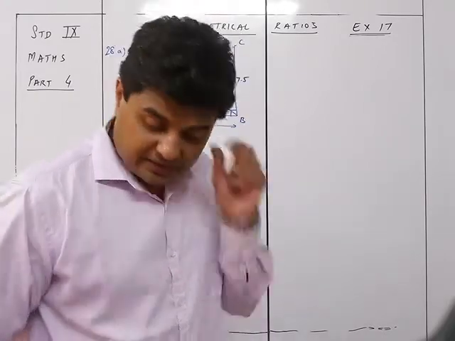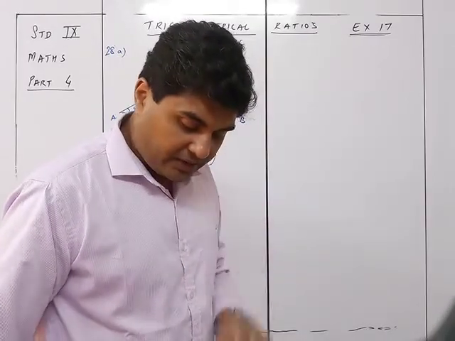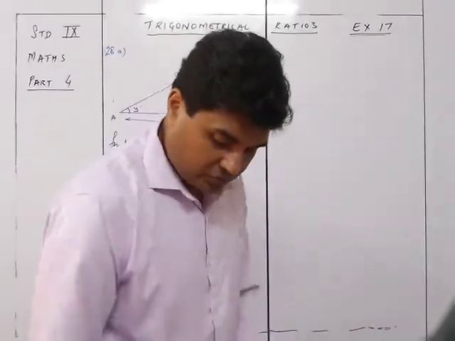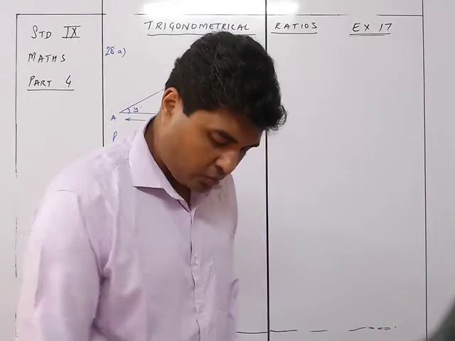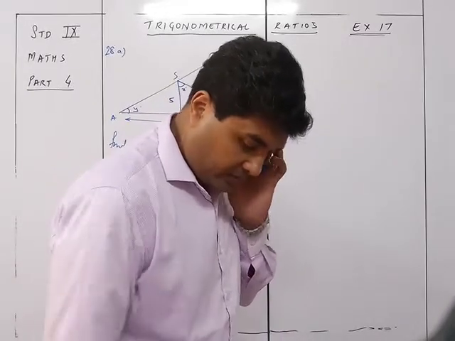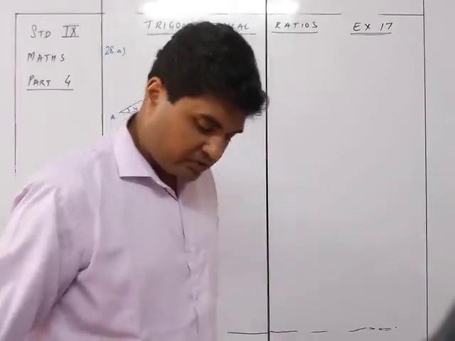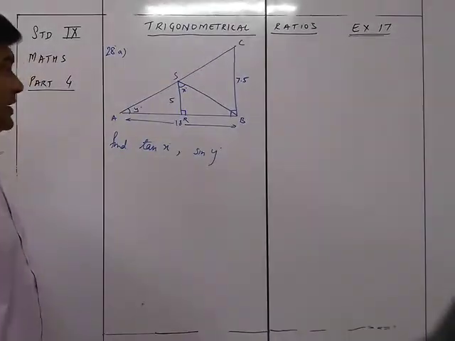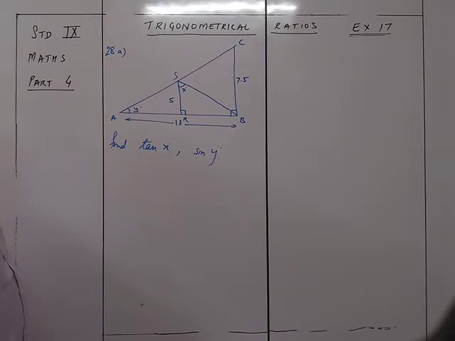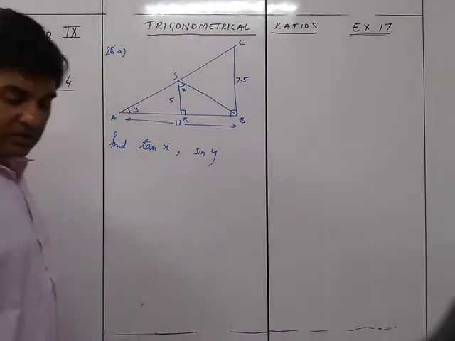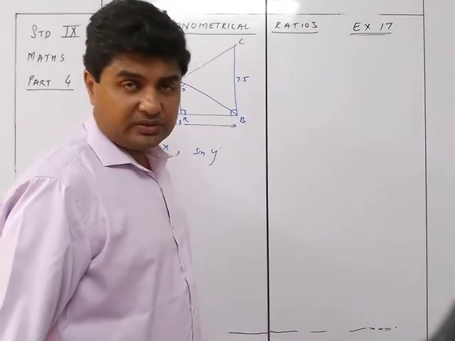That is what they have written in the hint also. They have given the hint, maybe the similarity part. So that particular part we cannot do, and accordingly there is no way I can complete this question without using similarity. So we'll skip this question because similarity is not in your syllabus.